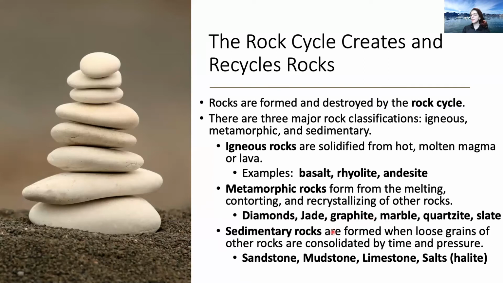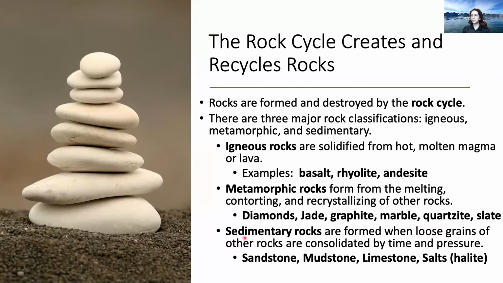And then finally, we have sedimentary rocks. Sedimentary rocks are formed when loose grains of other rocks, could have been metamorphic rocks or igneous rocks, are solidified, cemented together, and form a new rock. And this usually takes a lot of time, but it could also require some pressure as well.